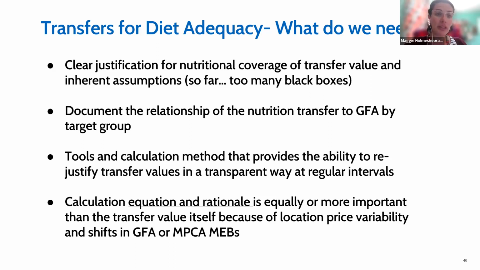And so it's really important to know how you are calculating it. The end goal wasn't to say this amount of money is going to be the transfer value. The end goal was to develop a calculation rubric so that in city A, I can calculate what the market prices are and what the transfer value should be here versus in the next state in city B. Because there's a lot of variability for rural and urban settings and across cities in this context.